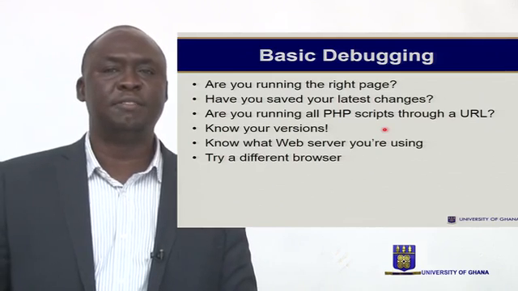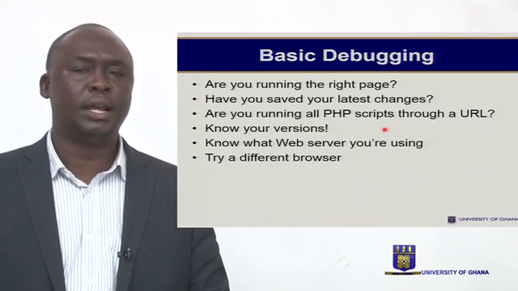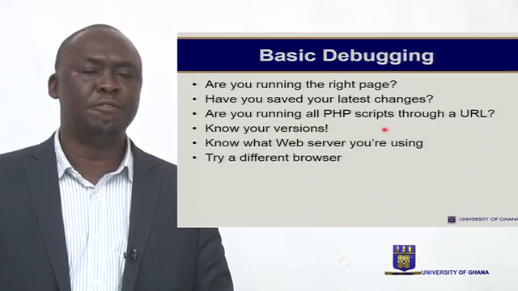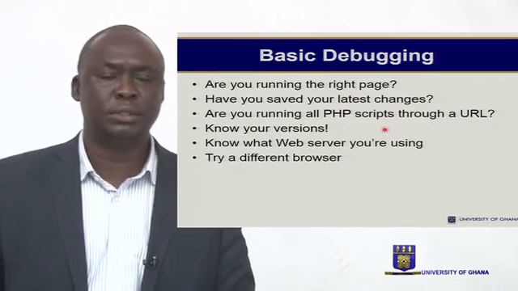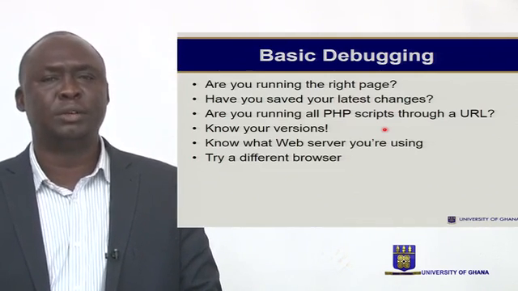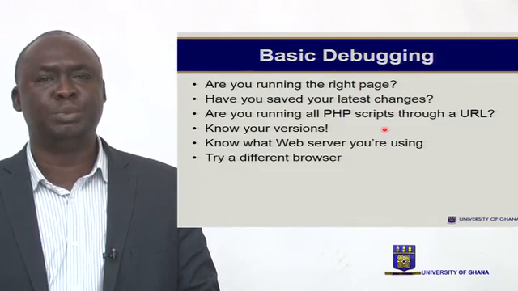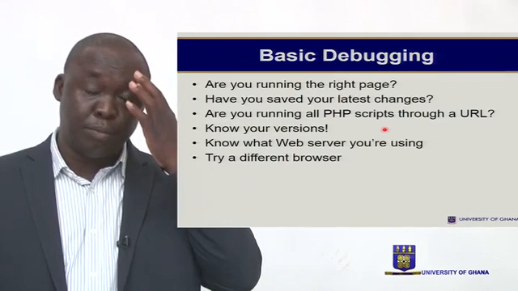And you can determine the versions of your PHP by going to the PHP info, which can be found on your exam dashboard. You can also find out the versions of MySQL within the MySQL dashboard or phpMyAdmin dashboard. You can find out the versions. So always remember to use the appropriate functions.